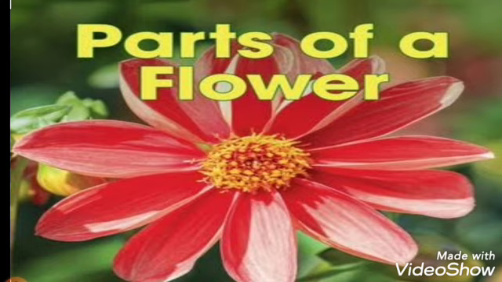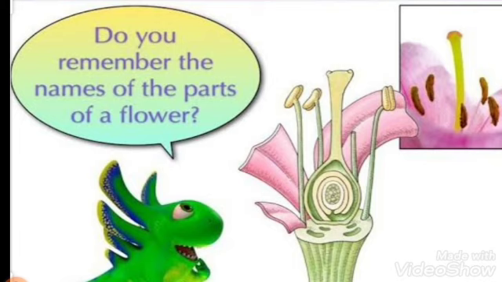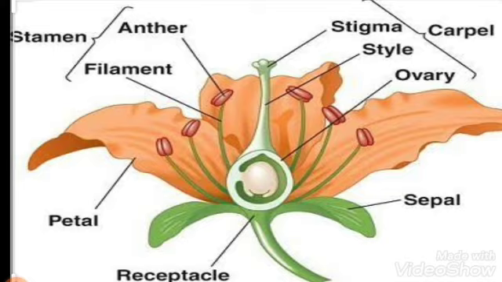A typical flower, that is a perfect flower or complete flower, has four basic parts: sepals, petals, stamens and carpels. In this picture, you can see that flowers vary greatly in shape, size and color. Firstly, I'll be explaining the outermost or first whorl of the flower, that is sepals.